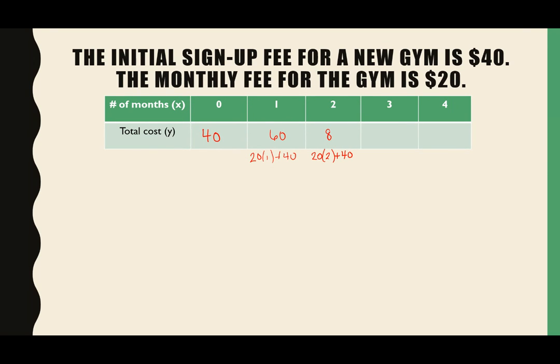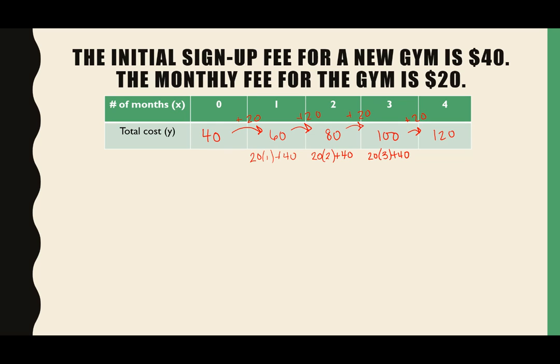So that's a total of $80. $20 for 3 months plus my initial fee of 40. So I've got 100, and then I'm sure you can make a prediction based on your pattern here. You're adding 20 every single time. Okay. And so your next one, I must add 20 so as not to break that pattern.